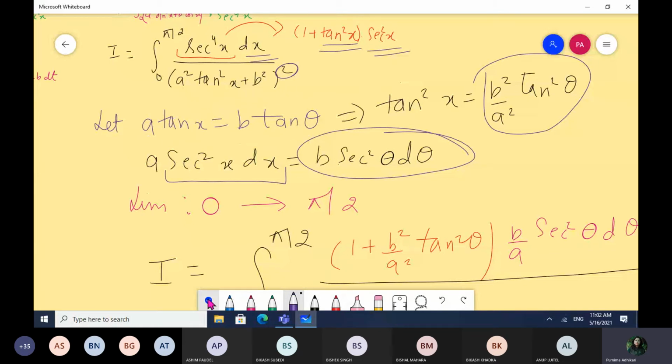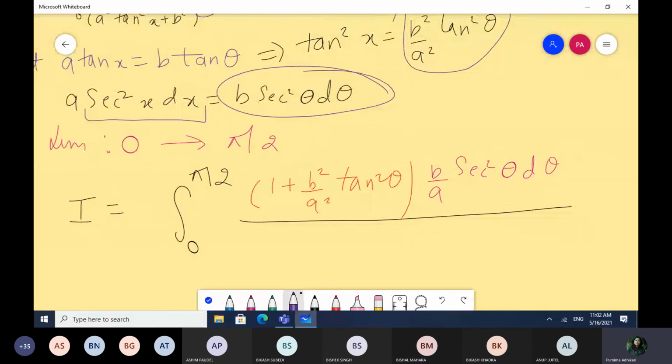Okay, so let's do that. So you will get b square tan square theta plus b square and whole square. All right. So you can take b to the power 4 outside. Now let's simplify this expression.